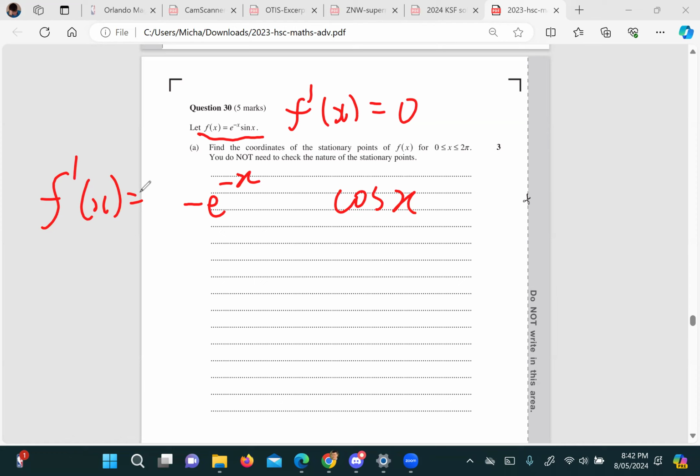And how do we put that together? Okay. Sure, that's fine.